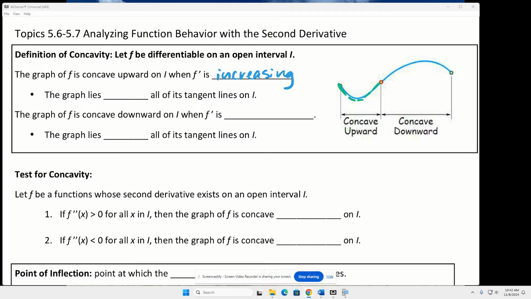All right, and all those little tangent lines I drew, the graph lies above all of the tangent lines on that interval. And then we have the graph is concave downward on an interval when f prime is decreasing.